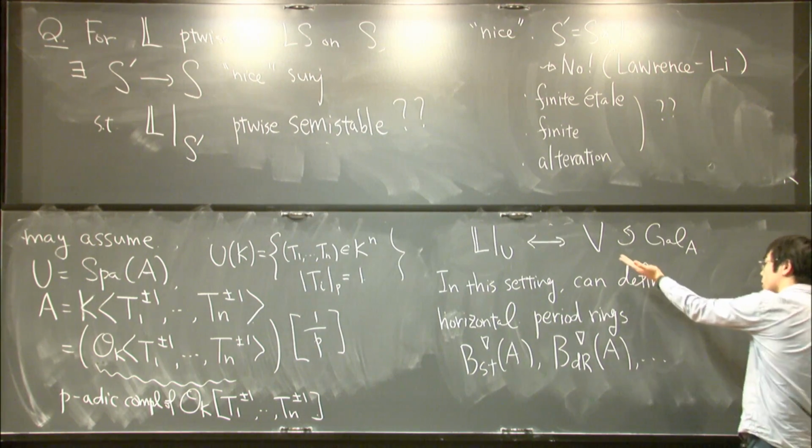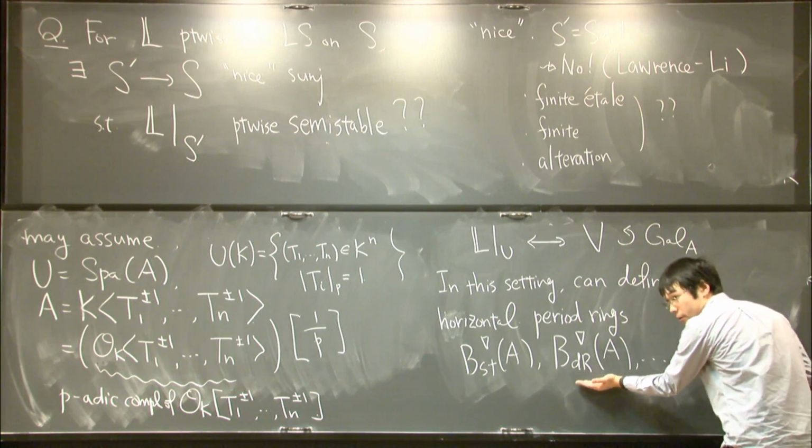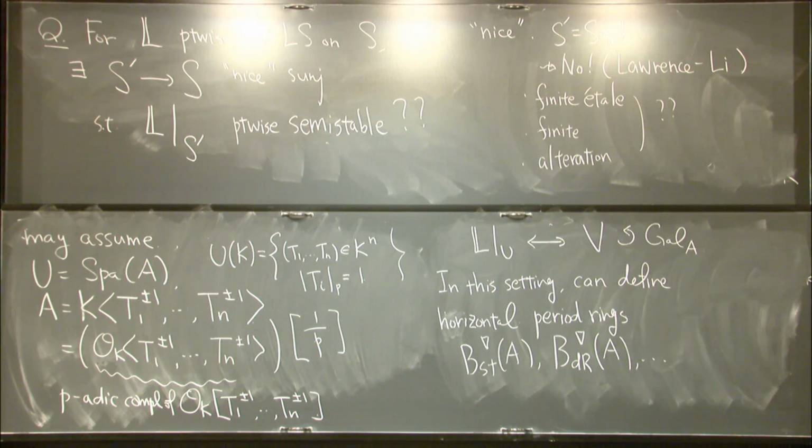And then the corresponding representation is admissible with respect to this horizontal de Rham period ring.